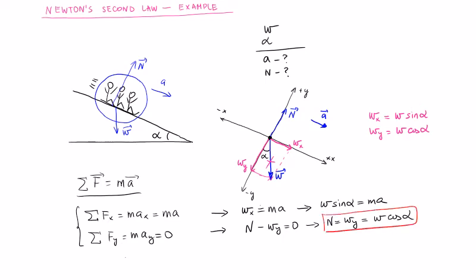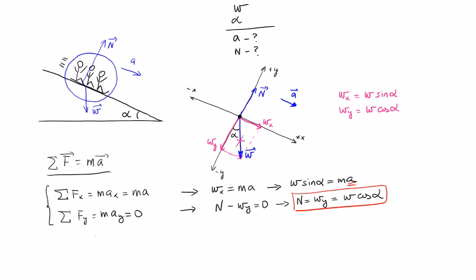Now for the acceleration, there is a problem. We need to find the mass. For that, I'm going to rewrite this again: weight sine alpha equals ma. To find the mass, I know that the weight equals mg, and from here mass equals weight over g.